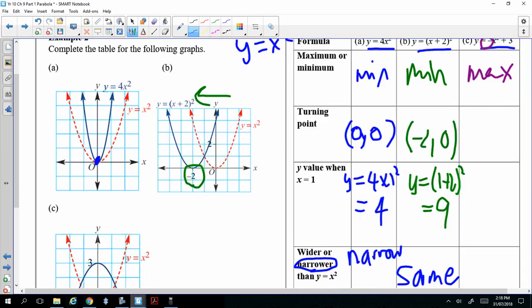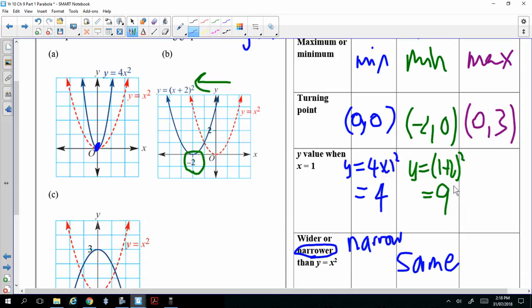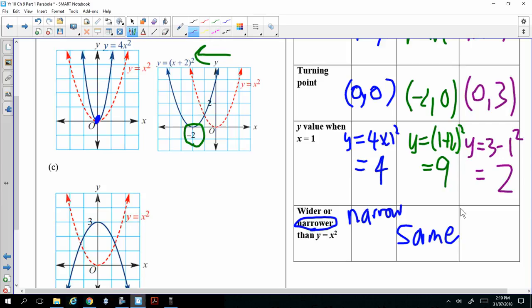Jaden? 0, 3, good. Let's find the y value when x equal to 1. What would it be? Let me ask Gordon. What's the y value when x equal to 1? 2. Okay, good. And is that narrower or wider? Same, should be the same.